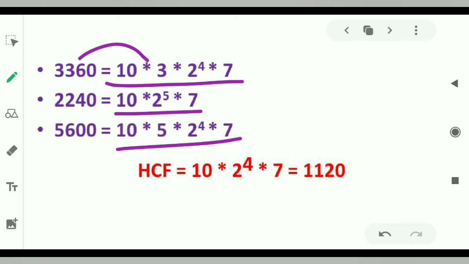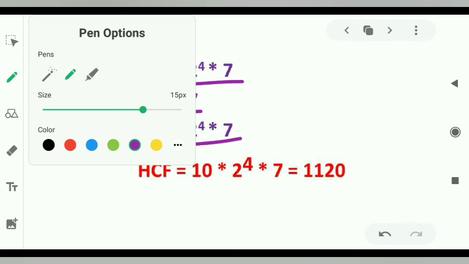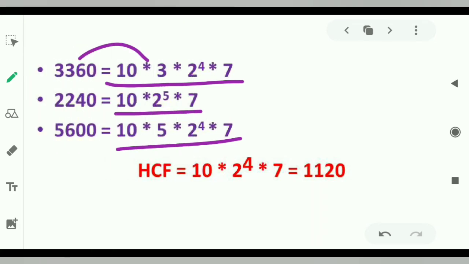Now we have to find the HCF. For finding HCF, what do we have to take? HCF is nothing but the least common prime factor, right? Here taking 10, all the powers are the same, so we take 10 only. If we consider 2, here the power is 4, here the power is 5, here the power is 4.